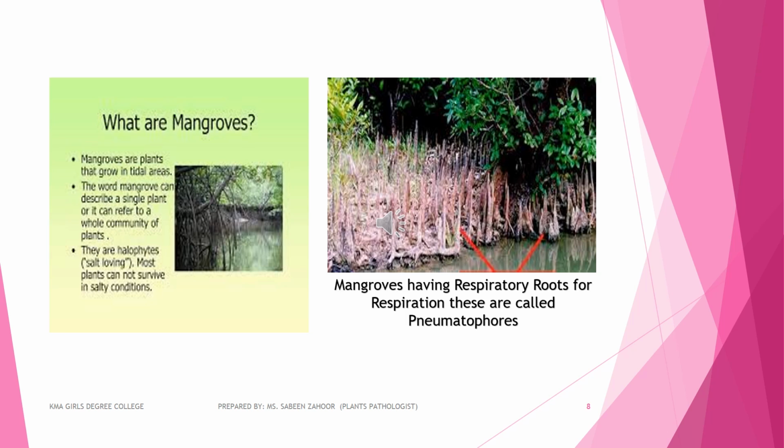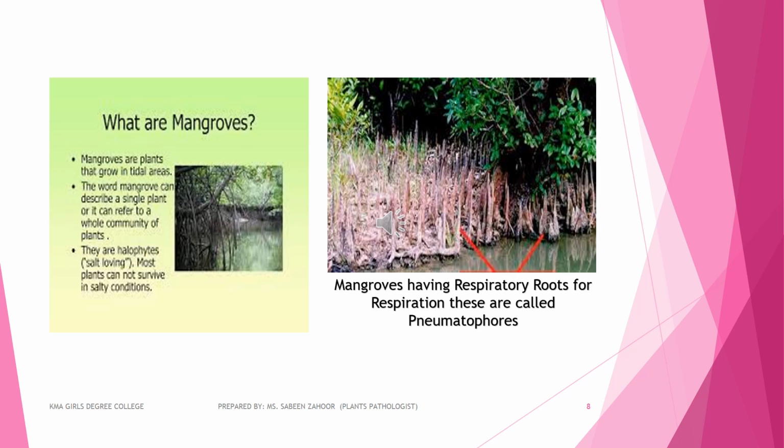These are growing against geotropism, right? Because roots grow towards the earth, towards gravity, but respiratory roots grow at the upper surface of the soil. They have some pores, and from these pores the plant easily absorbs oxygen molecules and excretes carbon dioxide into the environment.